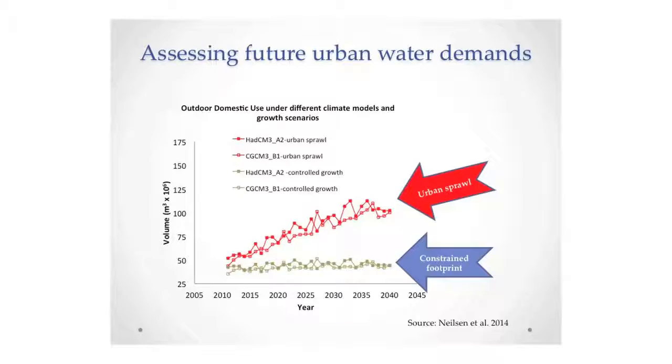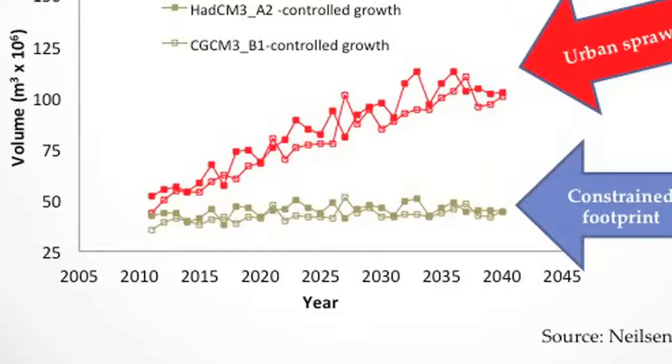If we sprawl out onto those, then we essentially are now needing water in parts of the landscape where we didn't need water before. And if we are building houses with nice big backyards and everybody, of course, wants to water that backyard, that's the kind of trend that we would see, this increase in water consumption.